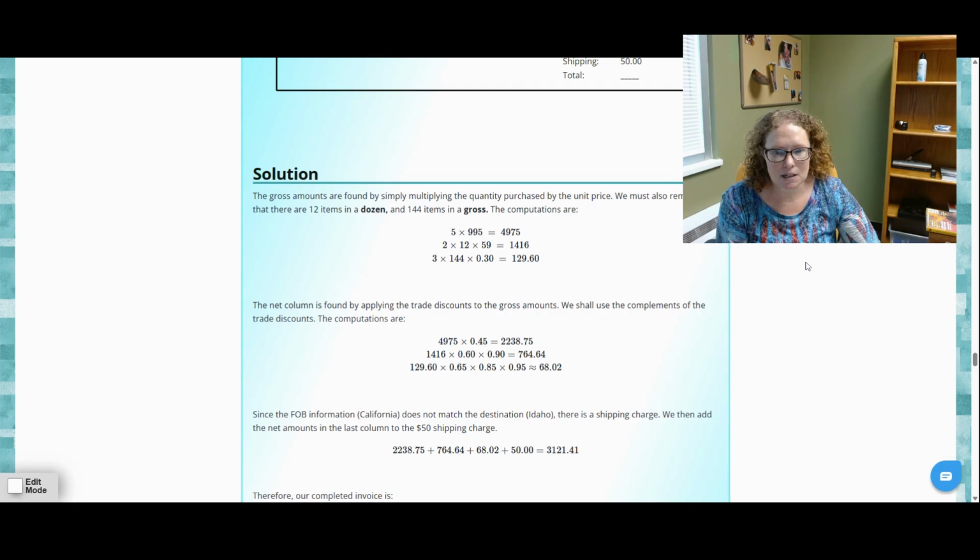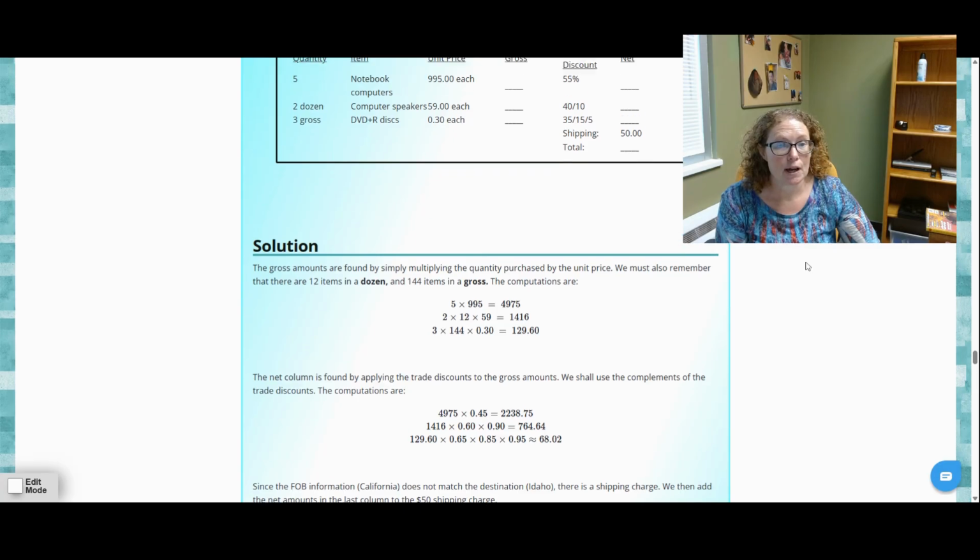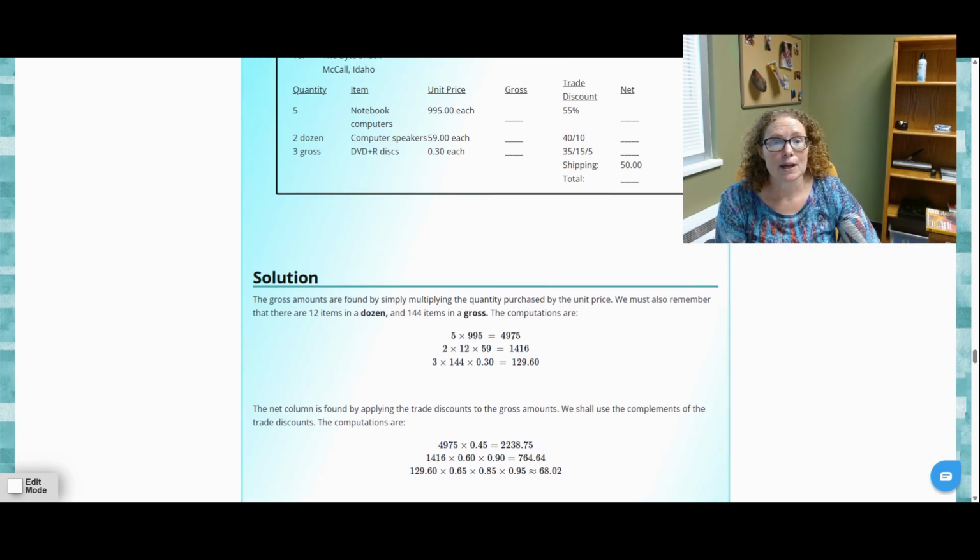The net column is found by applying the trade discount to the gross amount. So again, we're using the complements. We have the gross amount of the notebook computers, which was $49.75, times the complement of 55, which is 45. So our net would be $2238.75.